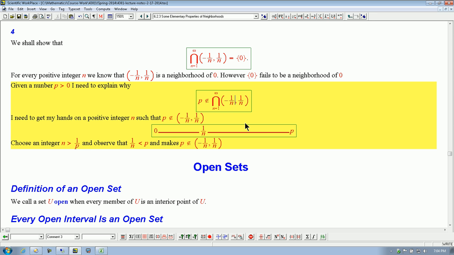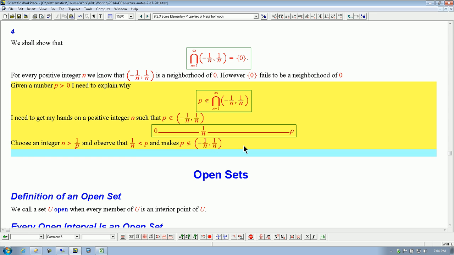You see? Well, that's all very well for a positive number. What about a negative number? Now suppose that p is less than 0.